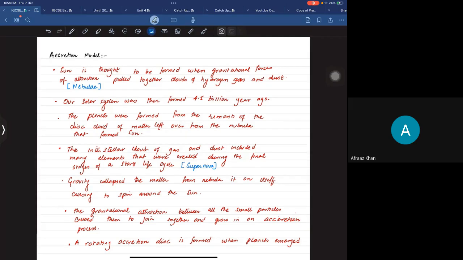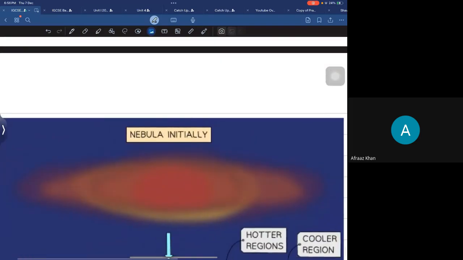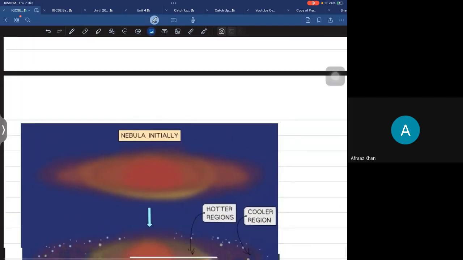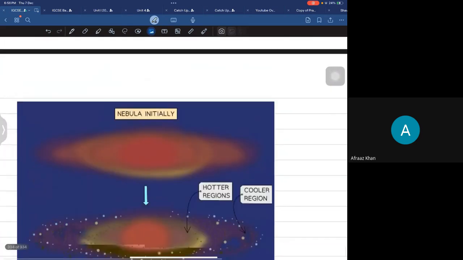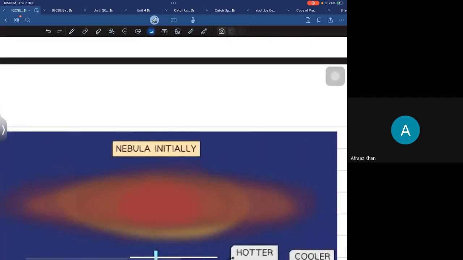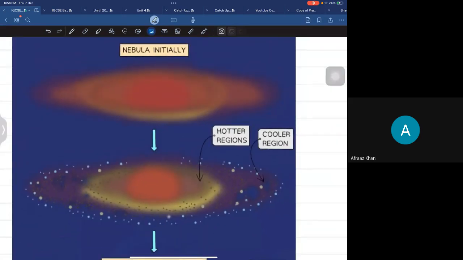Okay. Now, the accretion model is like, initially you have a cloud of gas, like you see, it's a nebula, and then the dust that you see and the gases collapse, and this forms a certain hotter region and then a cooler region at the ends.